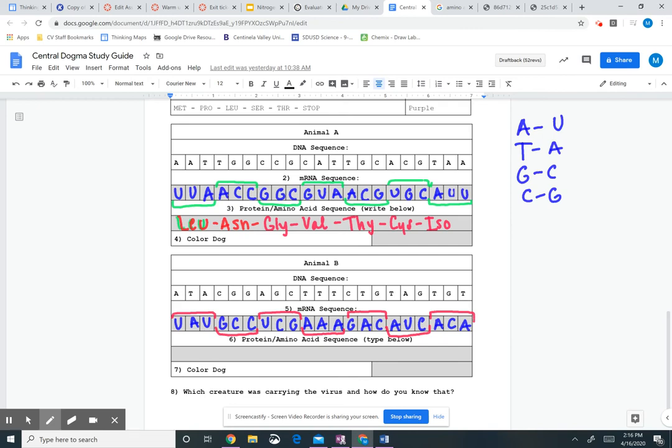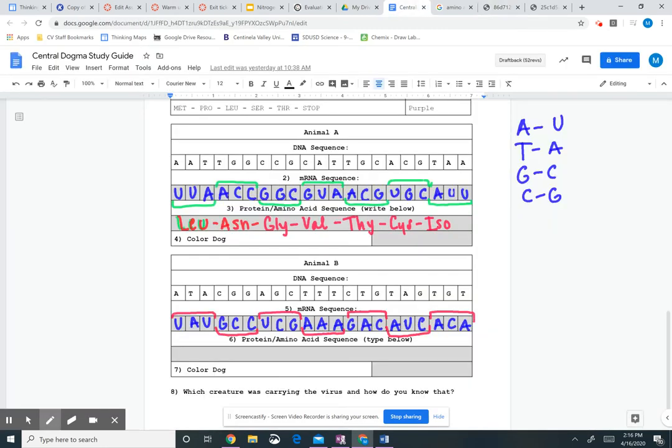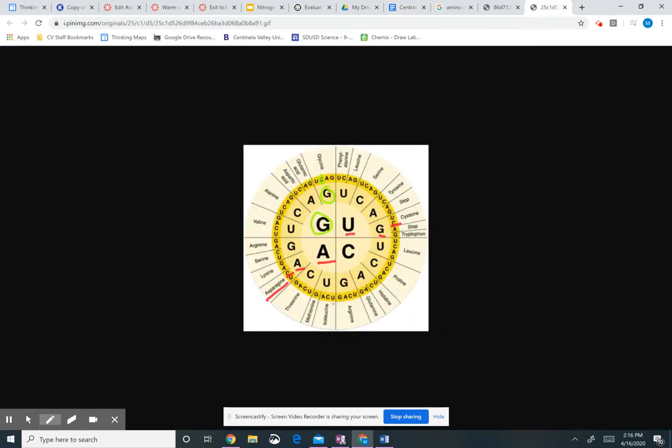So UAU. So UAU is tyrosine, so TYR. GCC. GCC is alanine.